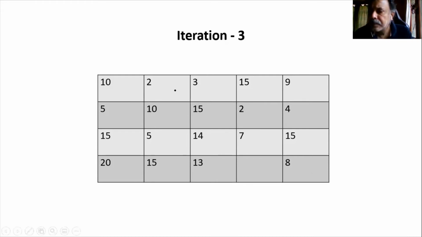Here it will become 25, and then here it will become 20. Here it will be 10. Here it will be 20. Here it will be 5. This will be 25. So let us once again check.